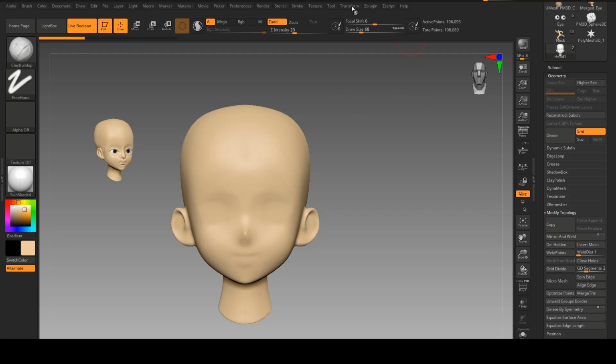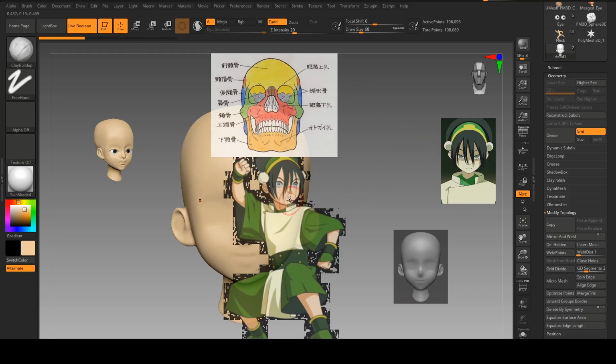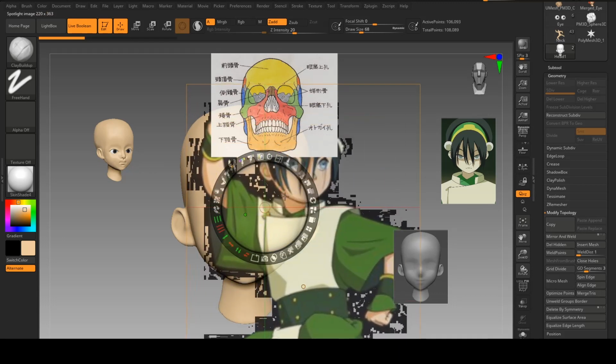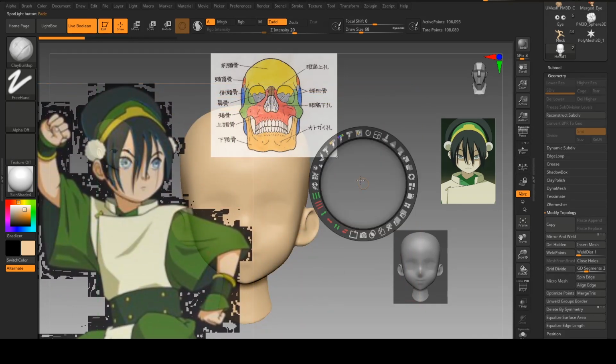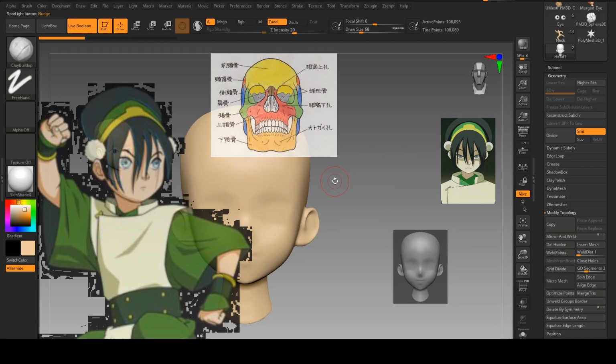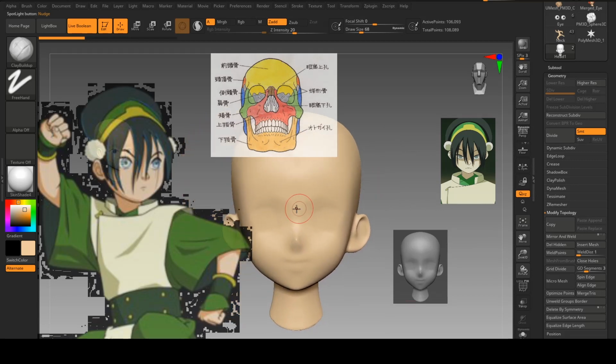And if you want to sculpt her face, not his face, her face, I think we like to use this lasso mask one.